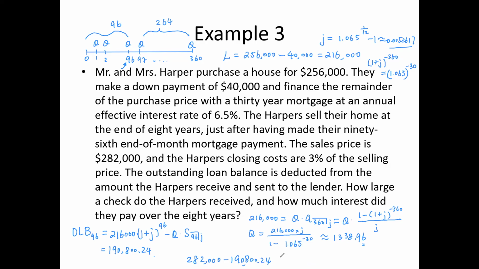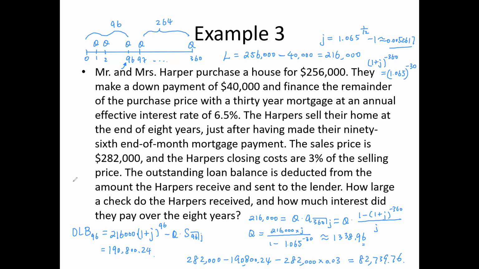And then there's closing costs you need to subtract, which is 3% of the sale price. And we would get $82,739.76. Okay.